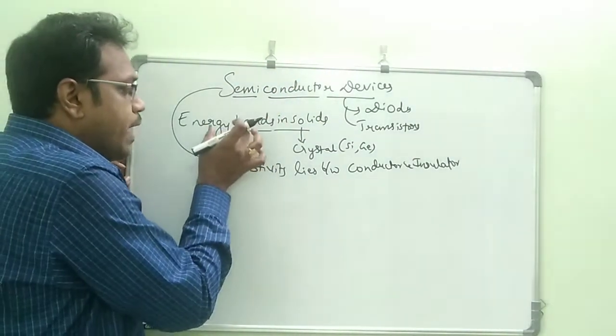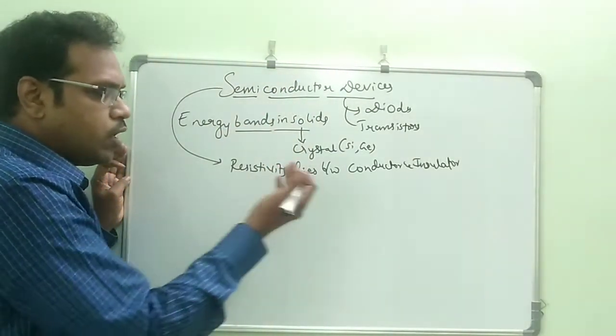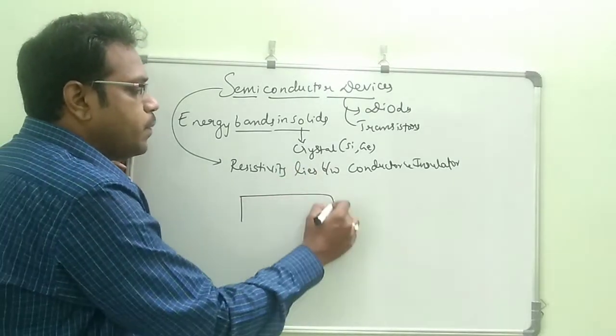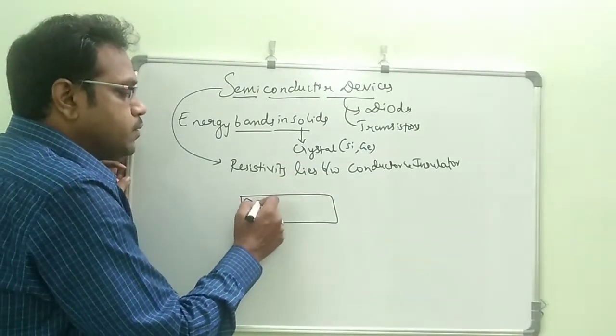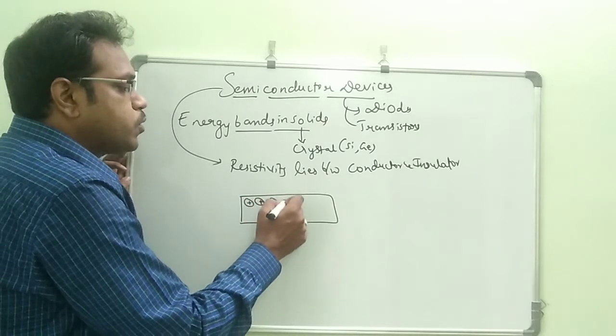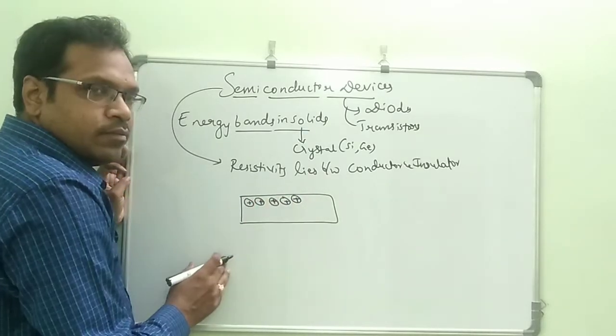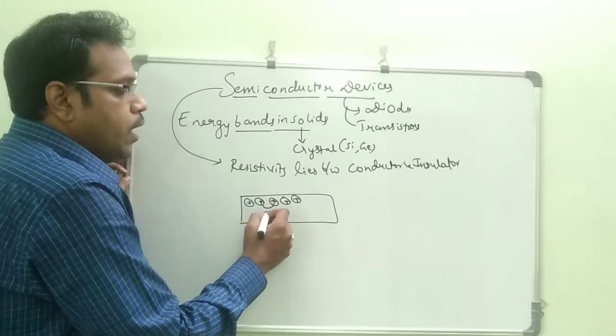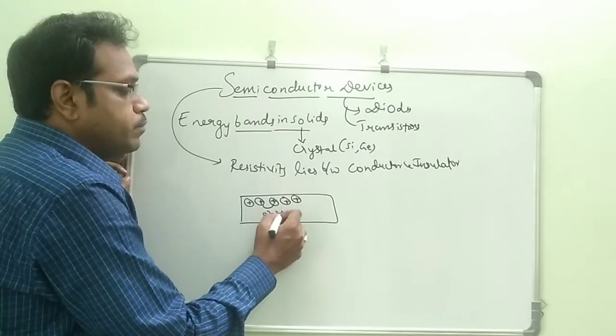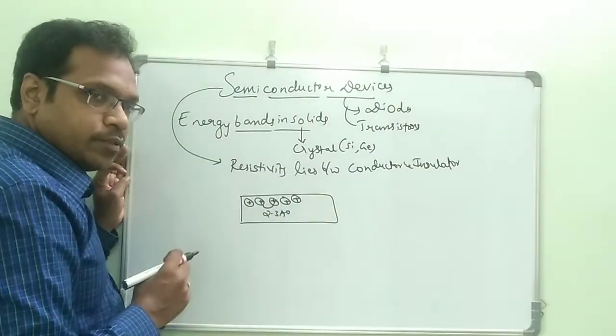A solid is a closely packed structure with a crystal lattice. Atoms are very closely spaced to each other. In silicon, the distance between the atoms is 2.3 angstrom.